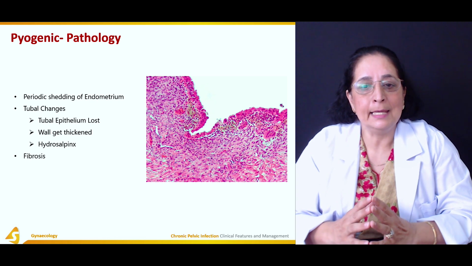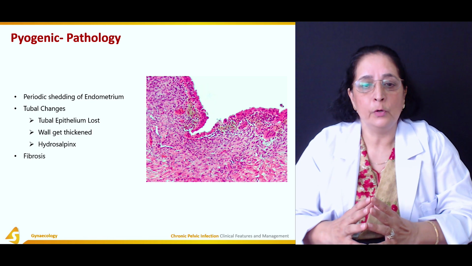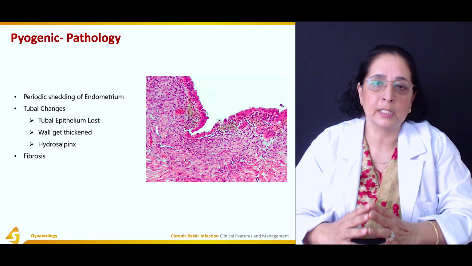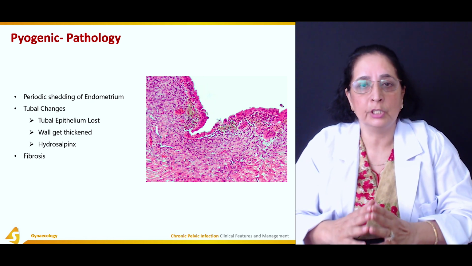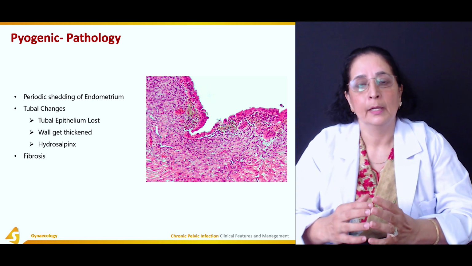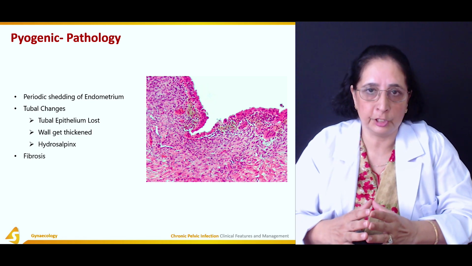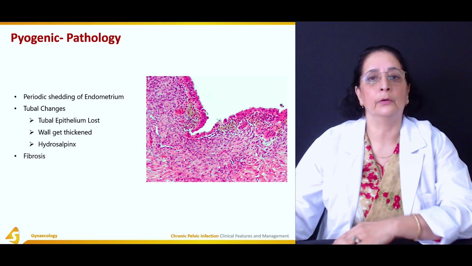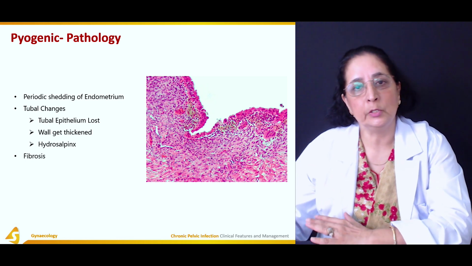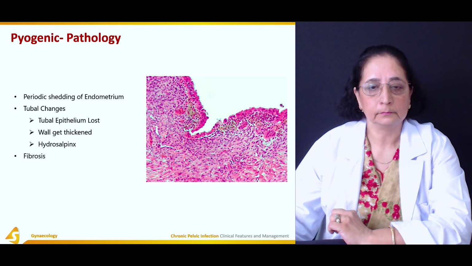Mainly there is periodic shedding of the endometrium from the uterus during the menstruation. That regular shedding of the endometrium is one cause of prevention of infection, because regular shedding of the endometrium leads to the shedding of the microorganisms also.